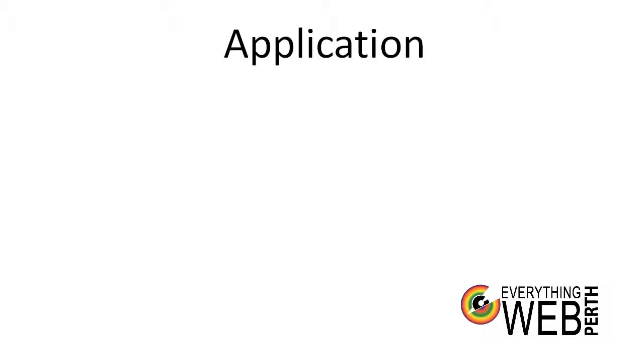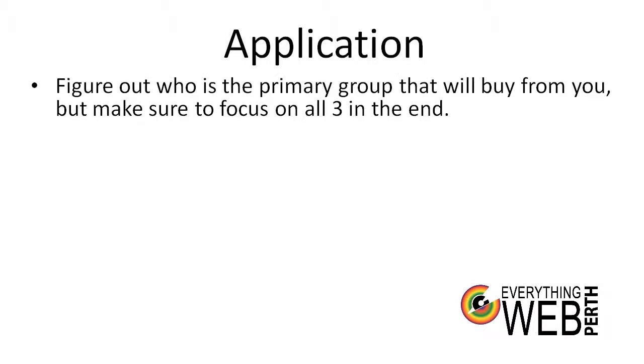So let's talk about application here. What I want you to do is figure out who is your primary group: the salespeople, the thinkers, or the creative opportunists. Figure that out and then focus on them, but make sure that in the end you focus on all three groups of people.